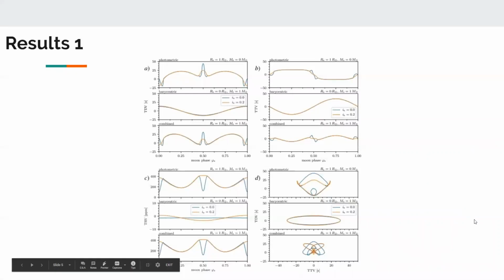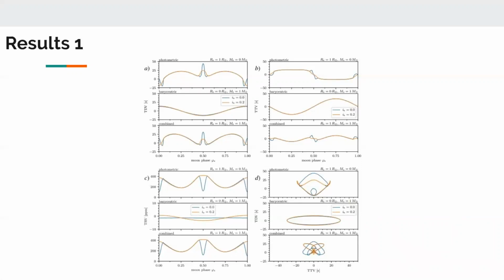All right, so now getting into the first part of the results. This figure shows simulated transit light curves for TDV effects, which is labeled A, TTV, which is B, TRV, which is C, and the D plots are the combined effects for the TTV and the TDV.